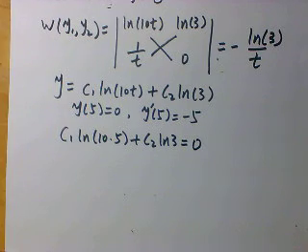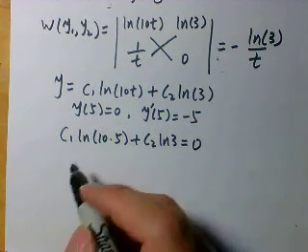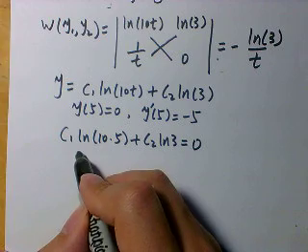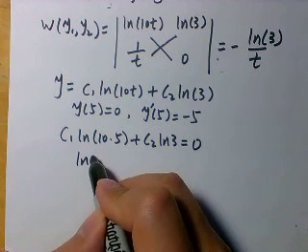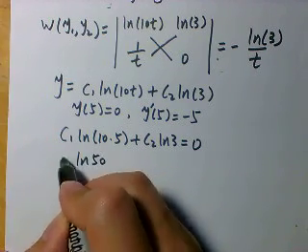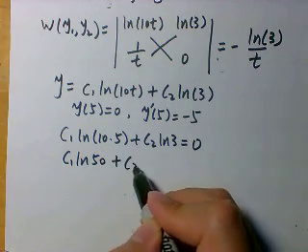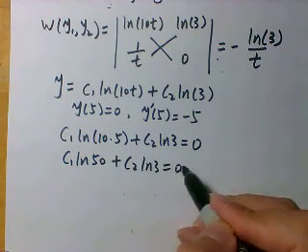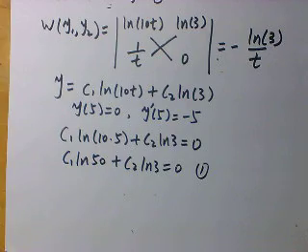Basically we can say c1 ln 50 plus c2 ln 3 equals 0. We assume this is the first equation.